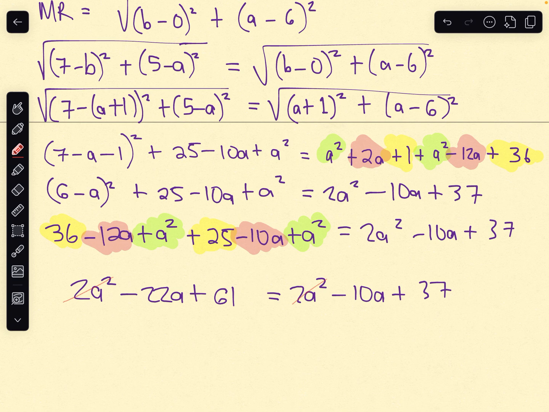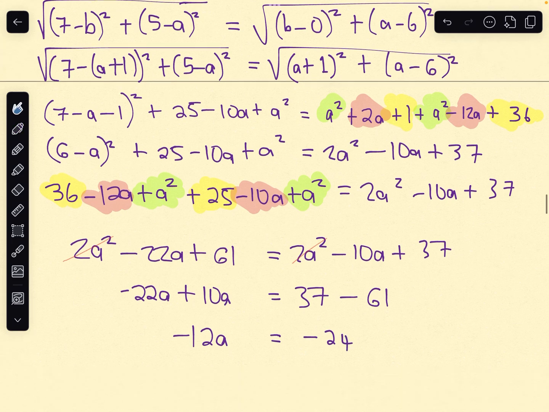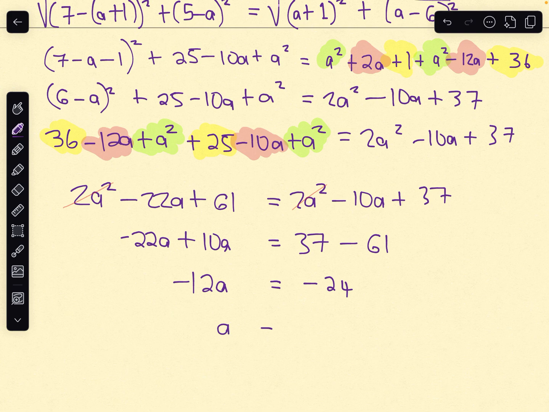And then I'm going to get my a's on one side, so minus 22a I'll keep here, and the other one will become a plus 10a, and then here we have 37 minus 61, so that is minus 12a, and here we have minus, looks like a 24, right? And so a would be minus 24 over minus 12, which is equal to 2, right?